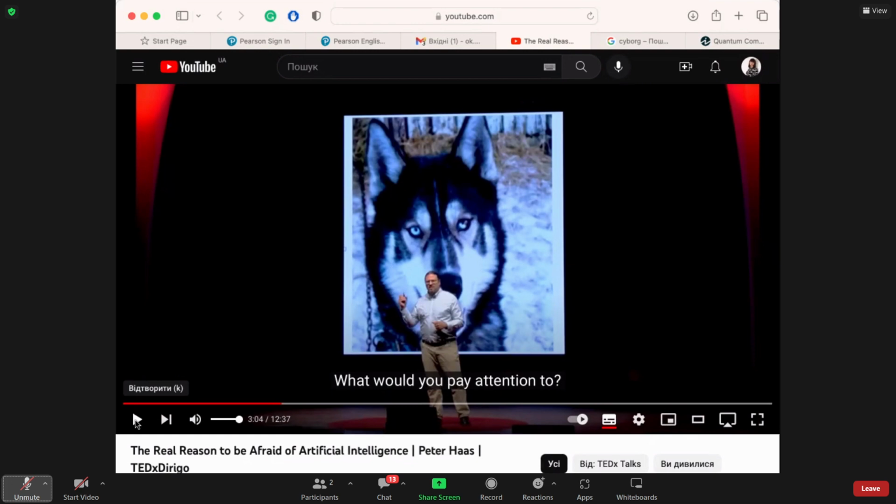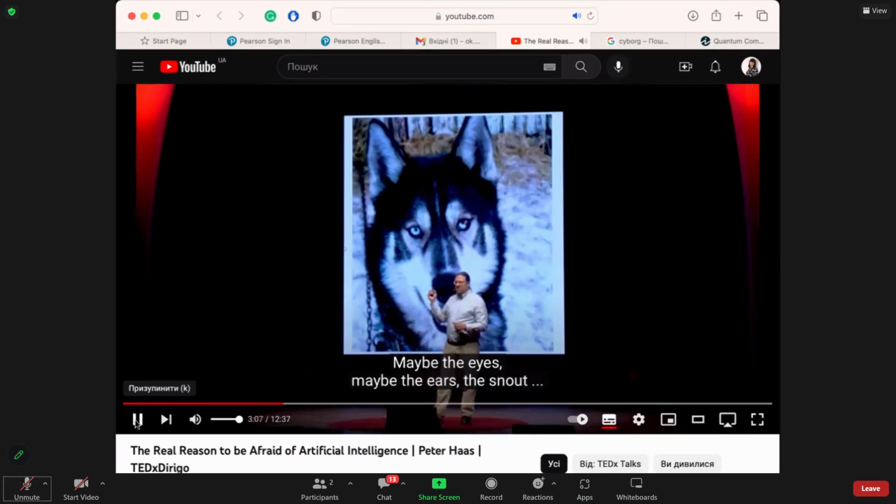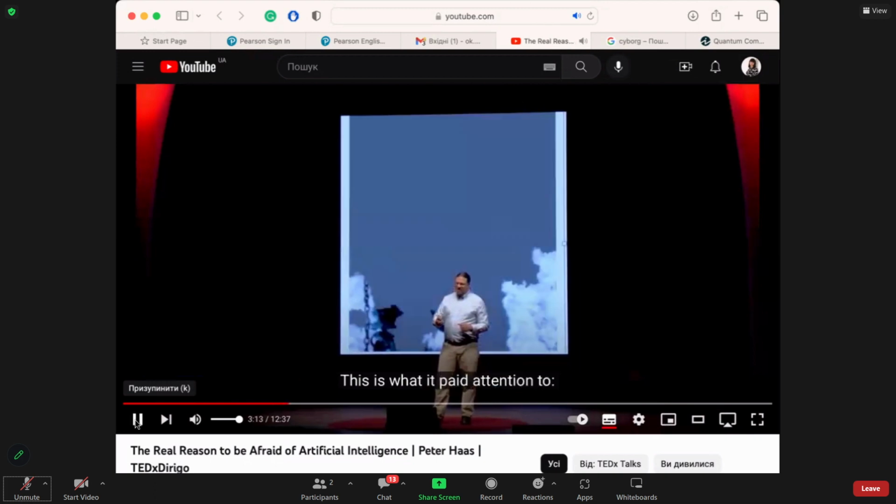So you pay attention to ears, to eyes, to nose, to snout, морда, yeah? Maybe the eyes, maybe the ears, the snout. This is what it paid attention to.